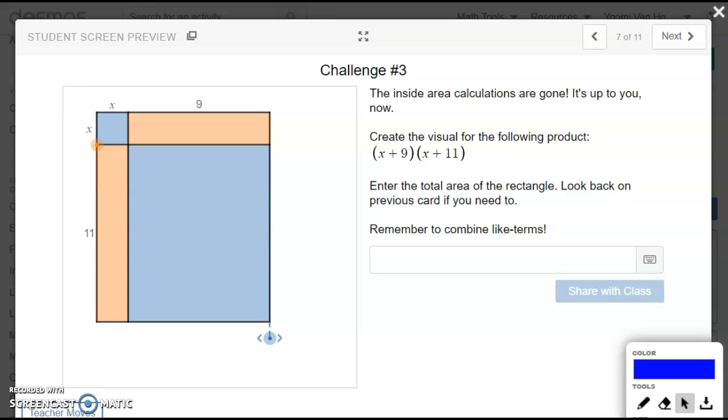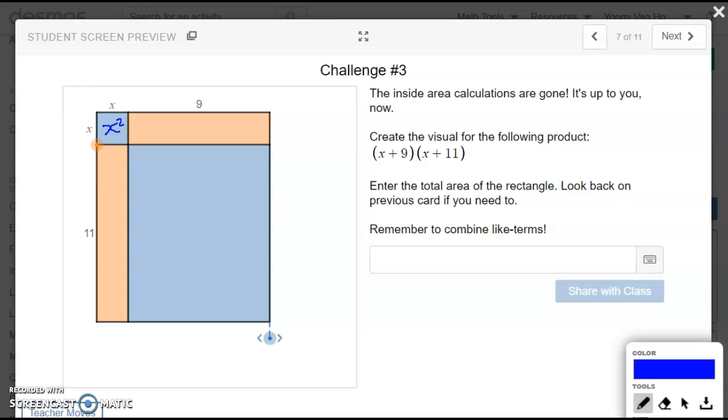Alright, so then I need to find the area. Before they used to find it for us, but we need to do it ourselves. So how do I do this? The length for this rectangle is x, the width is x. So x times x is x squared. What about the length here is 9 and the x is unknown.